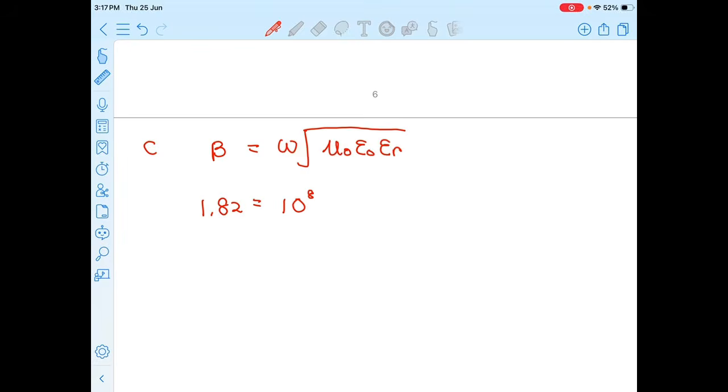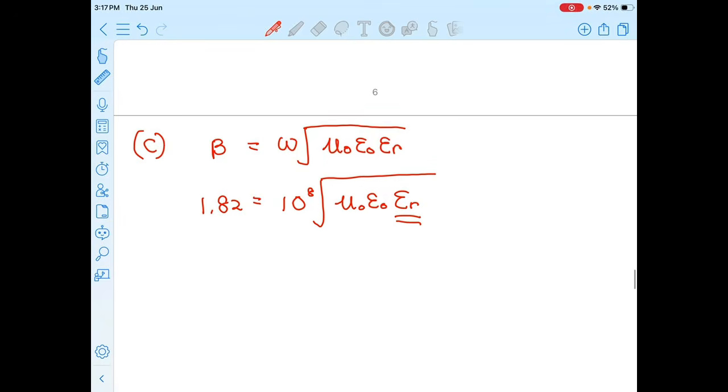Over here you will put mu naught, epsilon naught. Because mu r is equal to 1, we don't put anything here. So our target is this epsilon r.